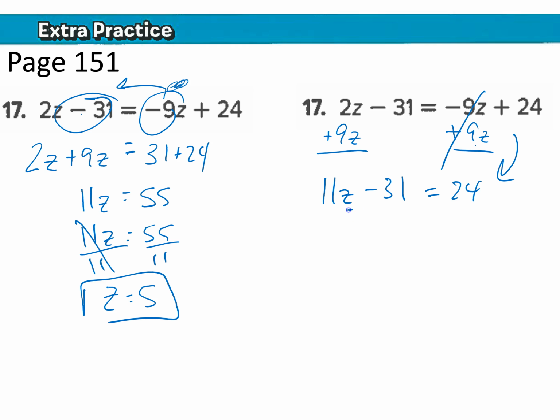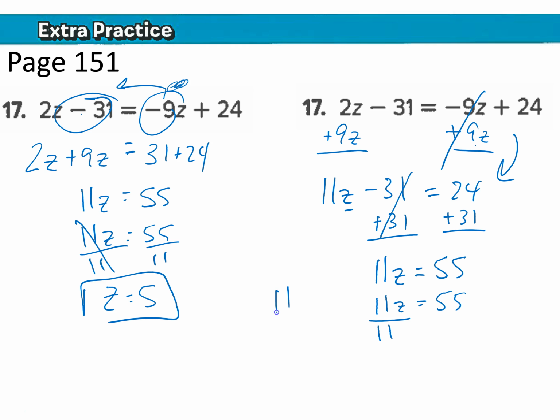Well, I want to get this z by itself, so I need to add 31. 11z is equal to 55 again. 11 times z, divide by 11, because 11 divided by 11 gives me my 1. So z is equal to 5.